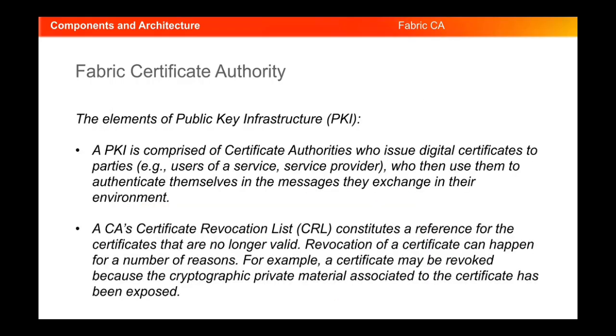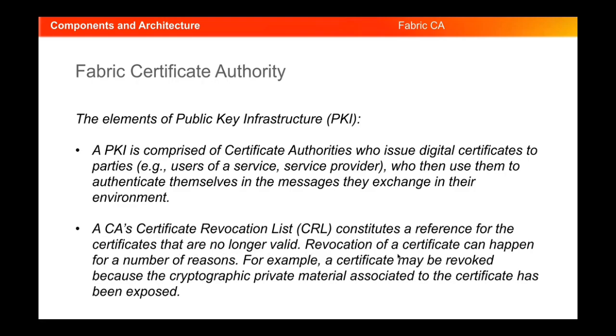So, Fabric Certificate Authority. The elements of public key infrastructure, as we have seen before in the picture: a PKI is comprised of a certification authority who issues digital certificates to parties, for example users, who then use them to authenticate themselves in the messages they exchange in their environment. A certification authority's certificate revocation list, the CRL, constitutes a reference for certificates that are no longer valid.